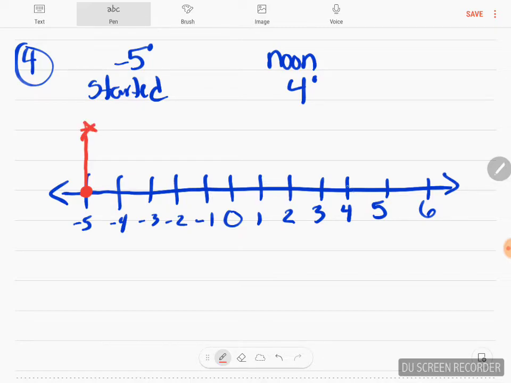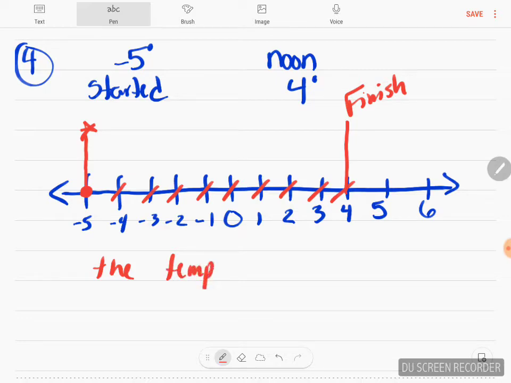And by noon, we got to 4. All right, so this is where we finish. So let's count how much the degrees has risen. We have 1, 2, 3, 4, 5, 6, 7, 8, 9. All right, so the temperature has risen 9 degrees.